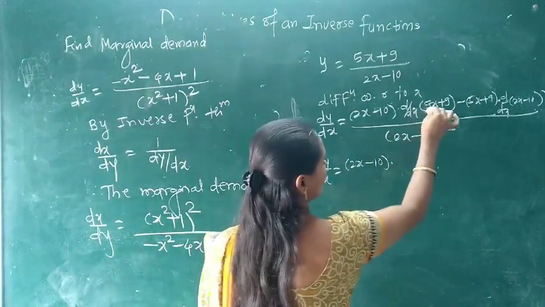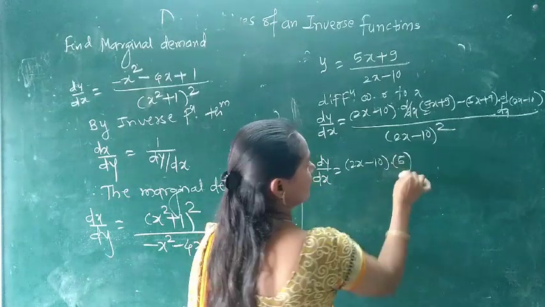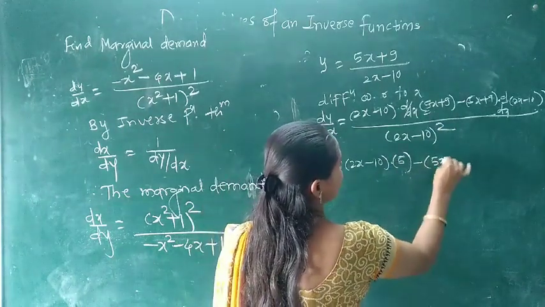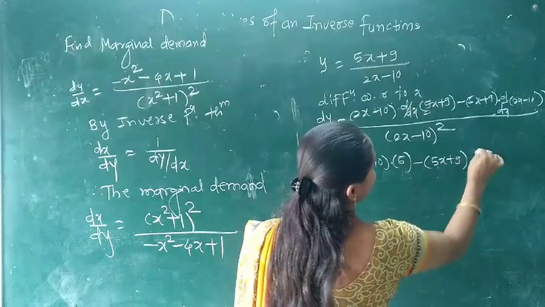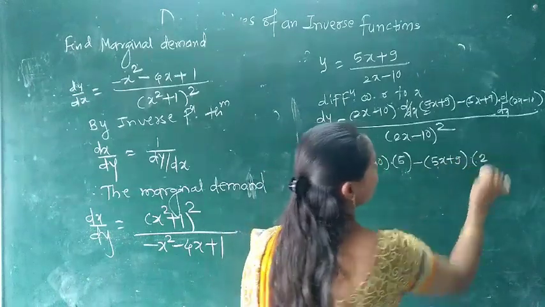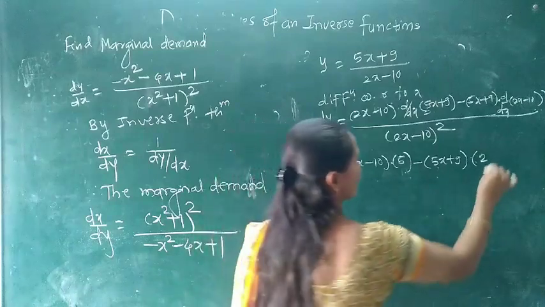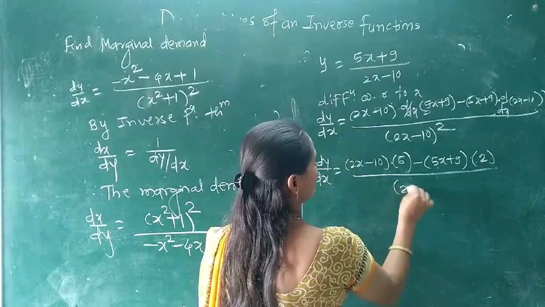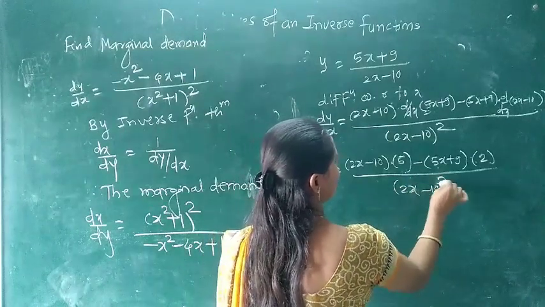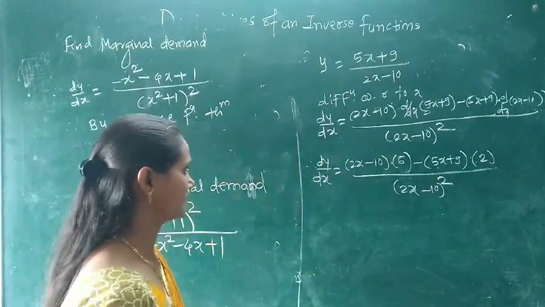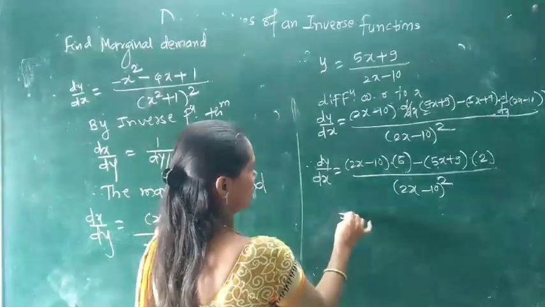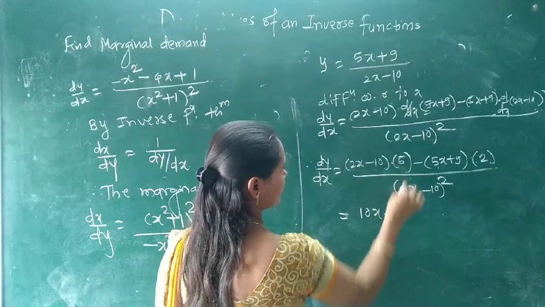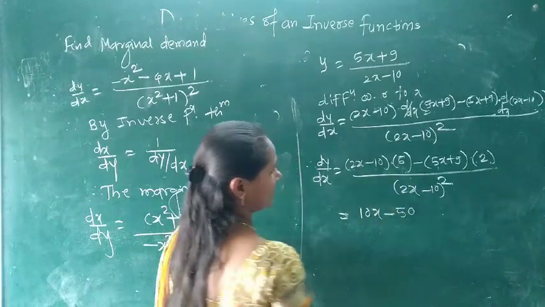Therefore, dy upon dx is equal to 2x minus 10 into the derivative of 5x, so multiply by 5; the derivative of 9 is 0 since it is a constant. Minus 5x plus 9 into the derivative of 2x, which is 2, and the derivative of 10 is 0, since it is a constant. Again, the whole thing is divided by (2x minus 10) square, keep as it is. Now multiply this term: 2x into 5 is 10x, minus 10 into 5 is 50.